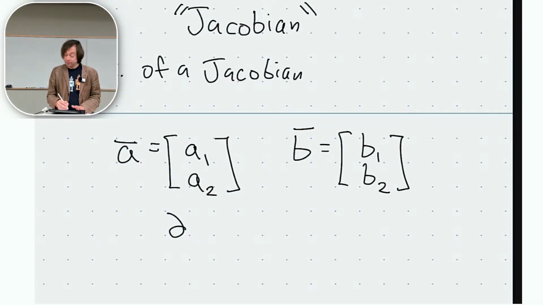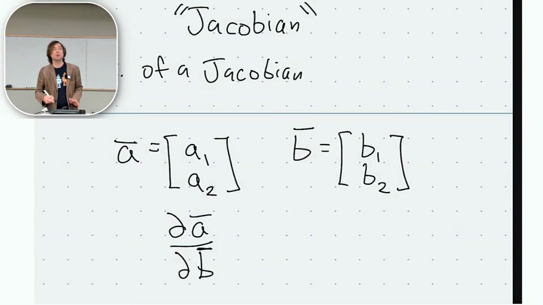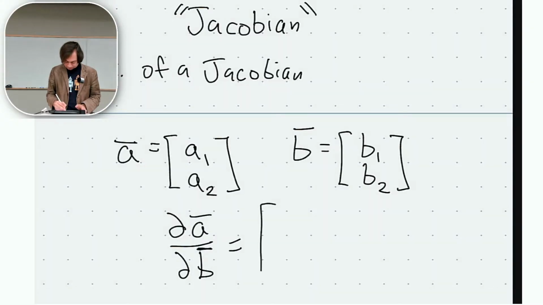The partial derivative of the a vector with respect to the b vector is actually a matrix, and that matrix is the Jacobian. What does it look like? Just an example.